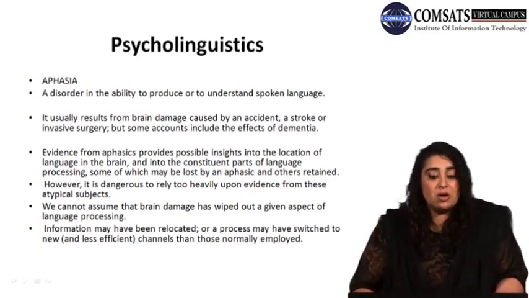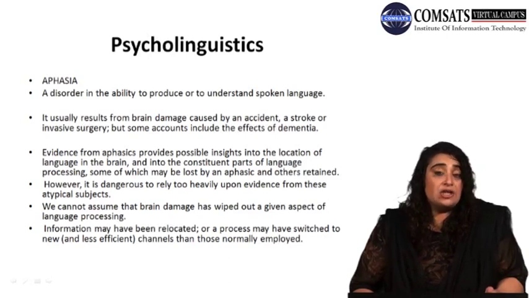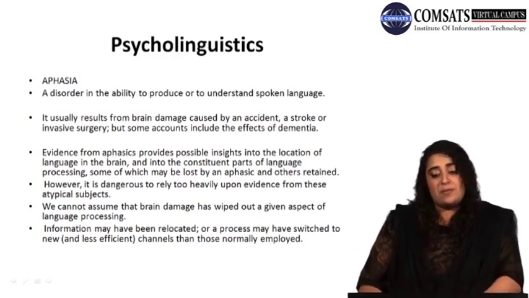So some of which may be lost by an aphasic and others retained. However, it is dangerous to rely too heavily upon evidence from these atypical subjects. So we cannot assume that brain damage has wiped out a given aspect of language processing.